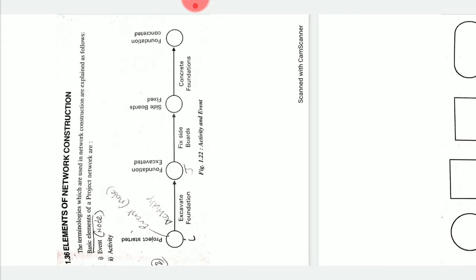You can observe in the figure, whatever text is written just over the node, those are the events, and whatever arrow mark is there indicates an activity.